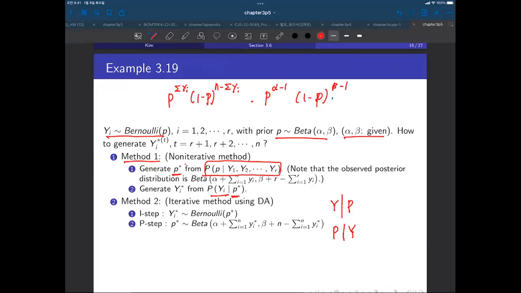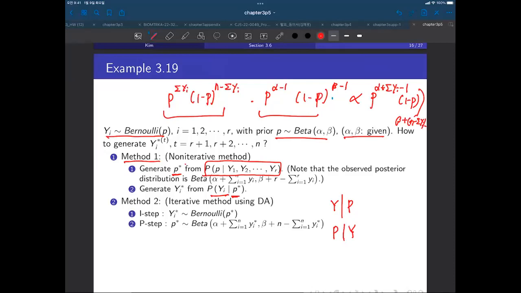Likelihood times prior becomes the posterior, which is P to the alpha plus summation Yi minus 1, times 1 minus P to the beta plus N minus summation Yi minus 1, right?